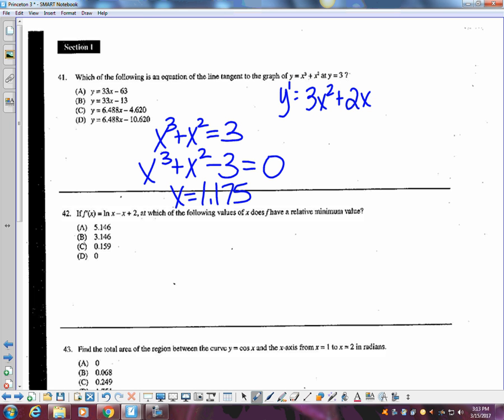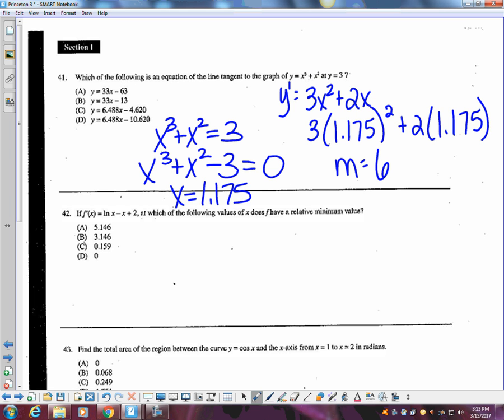It's not pretty. So then I go 3 times 1.175 squared plus 2 times 1.175. And you get, I'm going to tell you, m equals 6.492. Am I going too fast? Okay, so that's my slope.